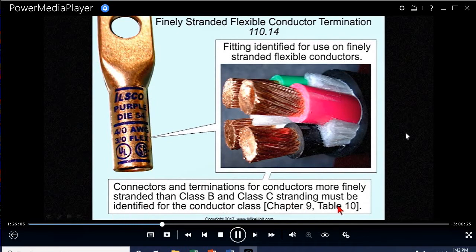If you go to Chapter 9, Table 10 in the back of the code book, it gives you an example, and maybe you guys can pop it up real quick there. It gives you the wire size and the number of strands and that kind of stuff.